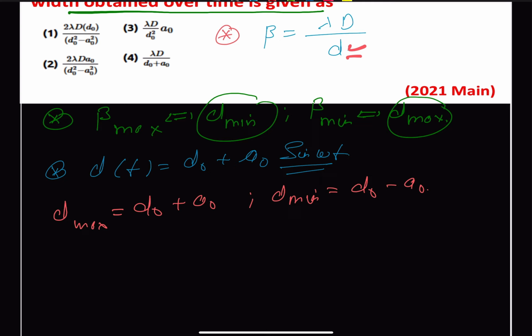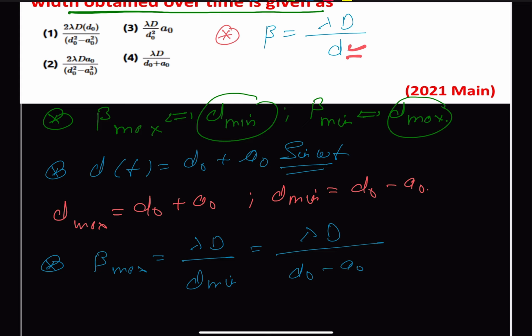Therefore, we can say that our beta maximum will be equal to lambda capital D upon d minimum. Substituting the value of d minimum, we get this as lambda D upon d naught minus a naught.